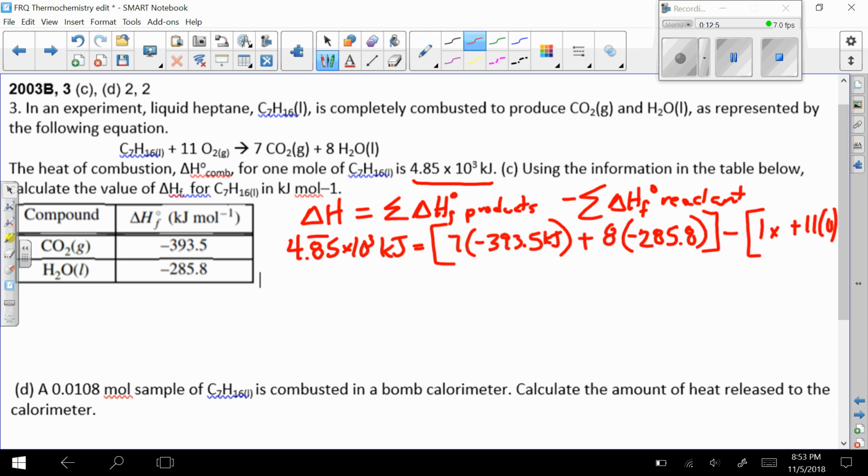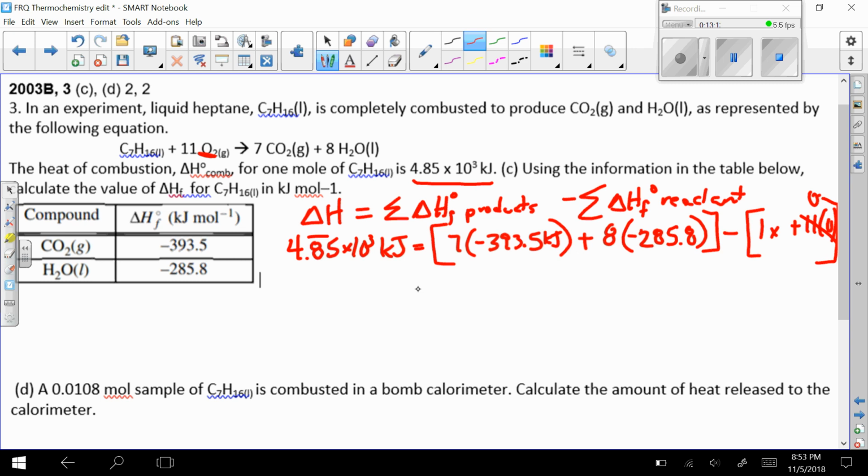If we look over here at oxygen, the enthalpy of formation of any element from itself is 0. And so now we can solve for x. So this term becomes 0. Here we have x, so we have all of this minus x.